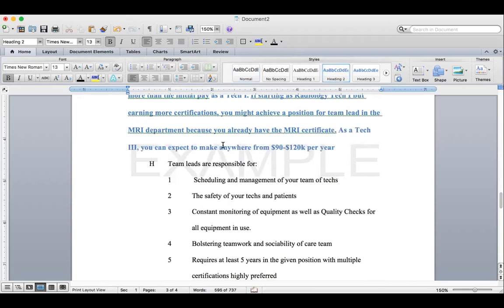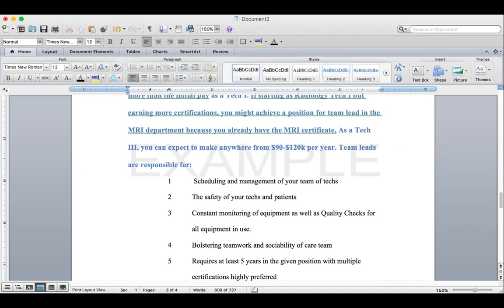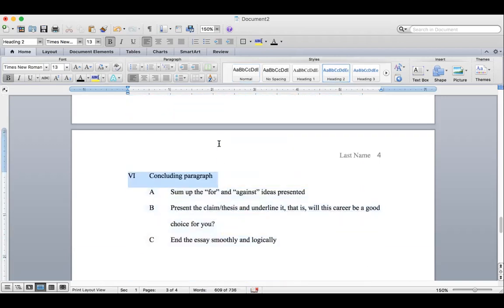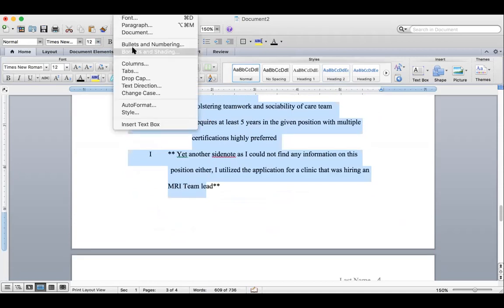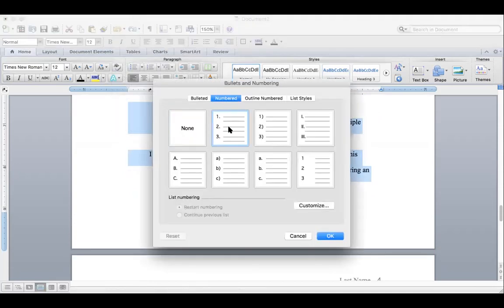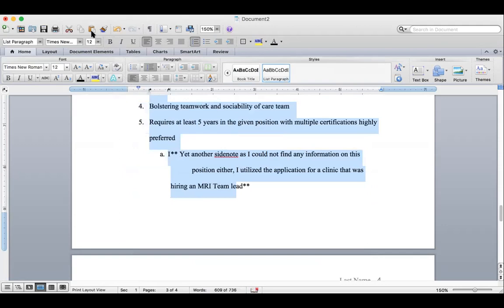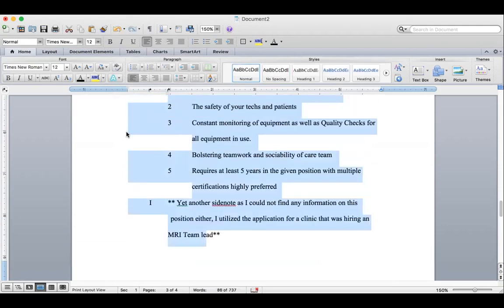Okay, and then this is another one that I've opted to do bullets on. Oops. Okay, so format, here are the bullets. Let's go to the bullet. Oh, no, that's the wrong thing.